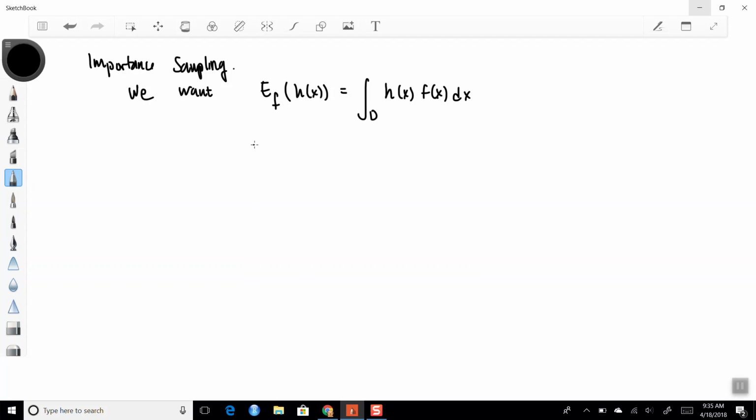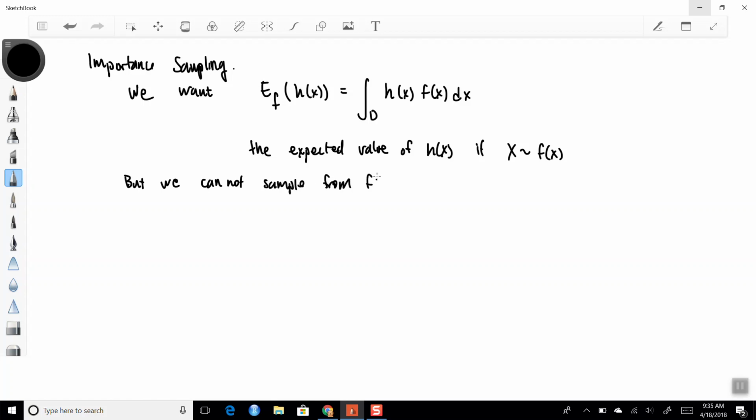Just a reminder, it's the expected value of h of x if x comes from some distribution defined by f of x. We want this, but we cannot sample from f of x directly.